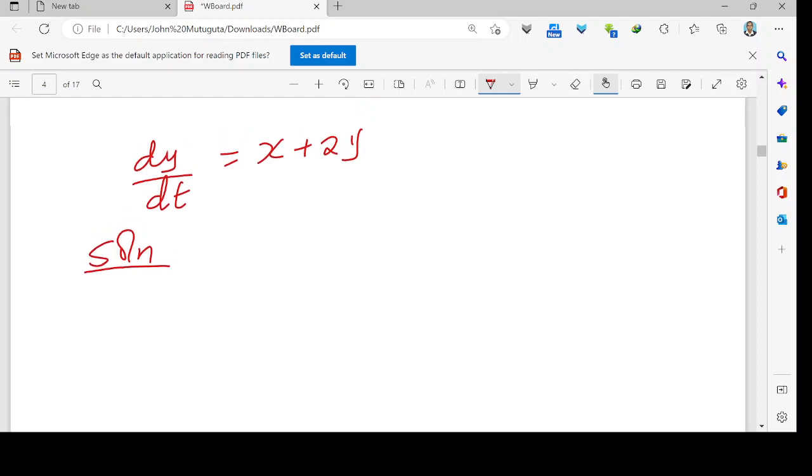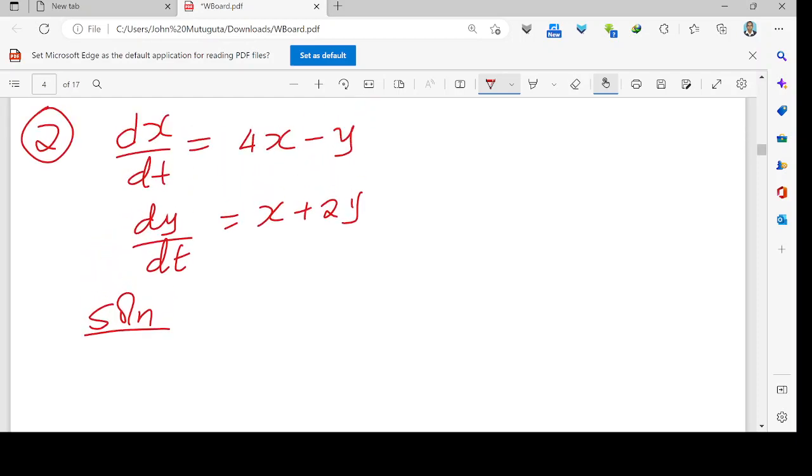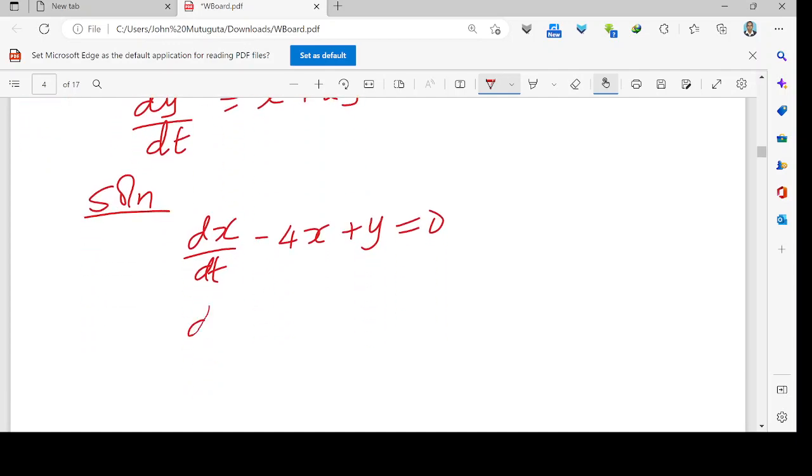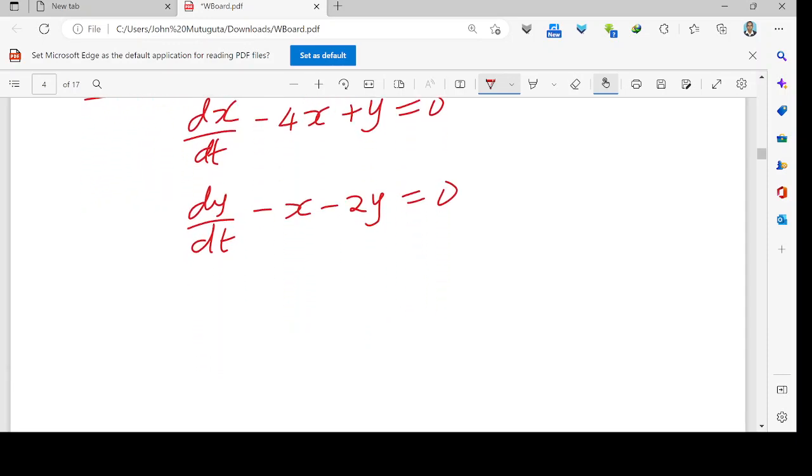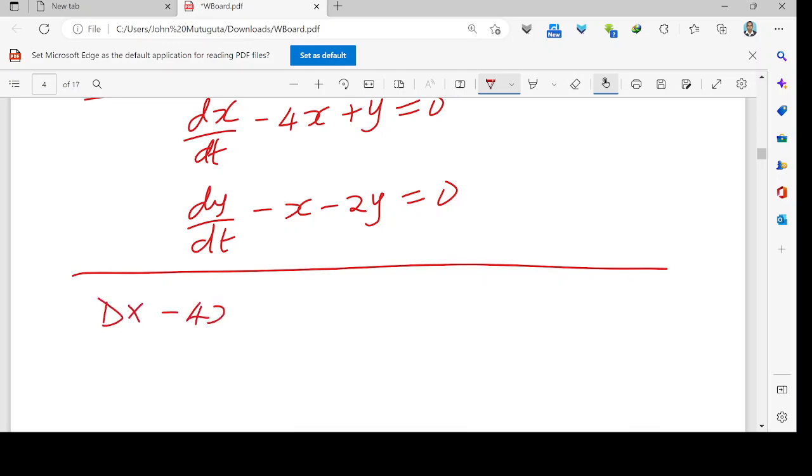To solve this one, we rearrange the equations to put all the terms on one side. So we write dx by dt minus 4x plus y is equal to 0. The second equation, we write dy by dt minus x minus 2y is equal to 0. We write this in operator form, so the first equation becomes Dx minus 4x plus y is equal to 0.